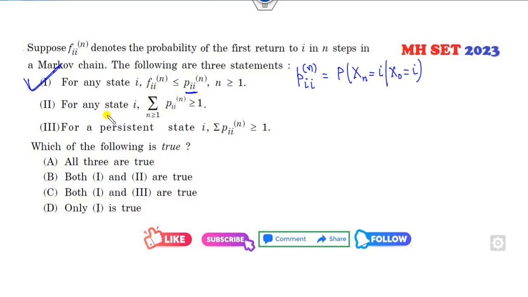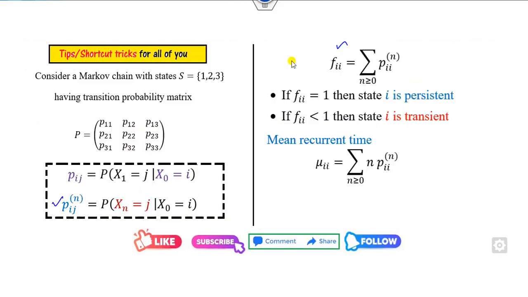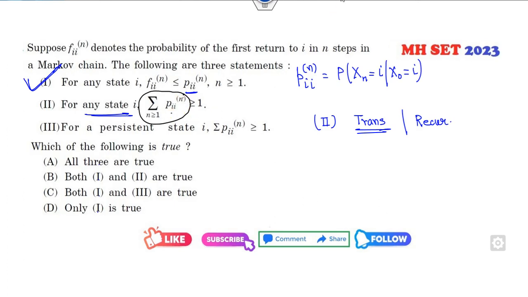For the second, for any state, that means either a transient state or a recurrent state. If it is a transient state, what is the value of this? According to my definition, this number is Fii. Your target is to prove whether Fii should be greater than or equal to 1. If I is transient, the result should be strictly less than 1, but it says greater than or equal to 1.